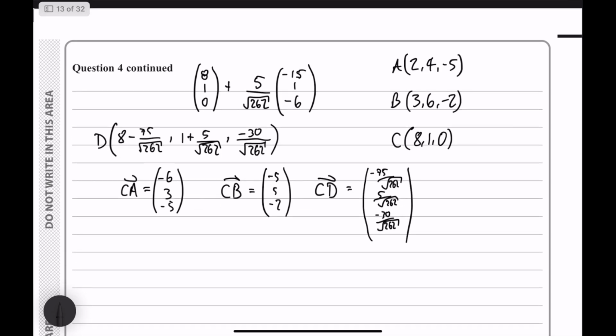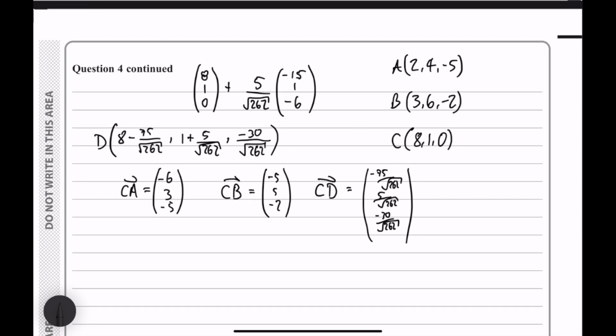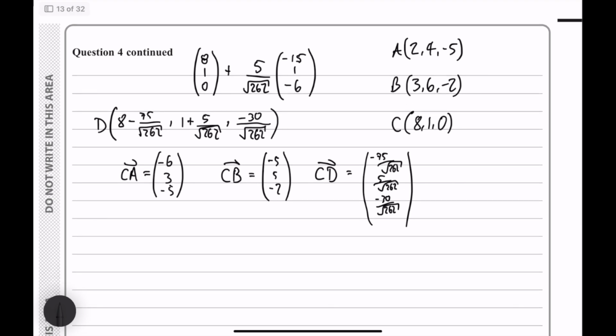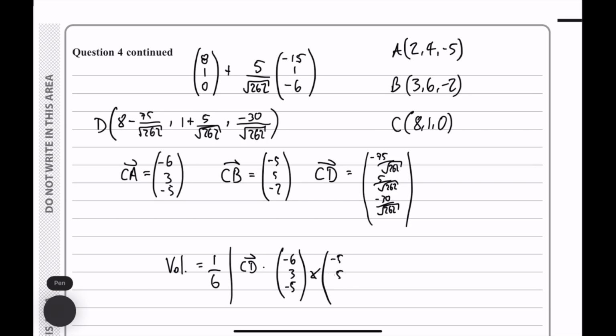And now I can use the triple scalar product for the volume as 1 over 6, and definitely putting CD here, not part of the cross product. So let's have minus 6, 3, minus 5, cross minus 5, 5, minus 2.